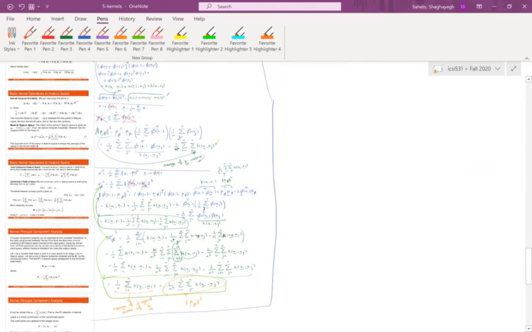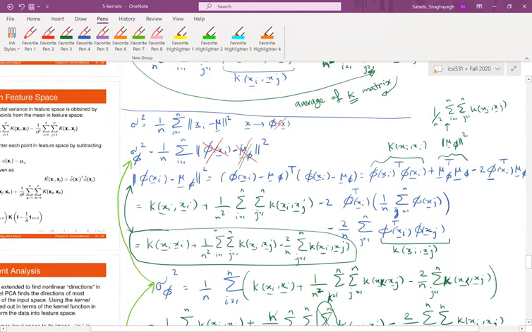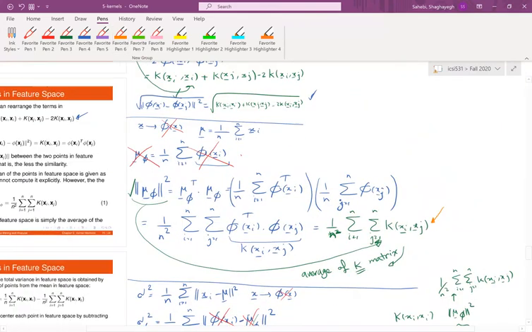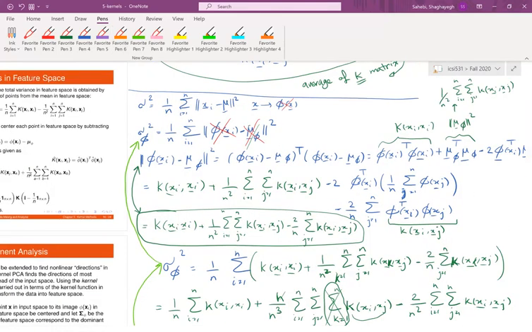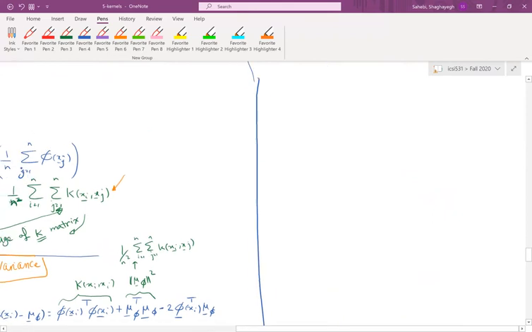So let me write, actually, this is the mean. This is the variance. And here we are going to talk about centering the data.